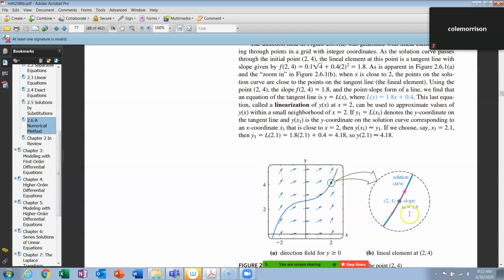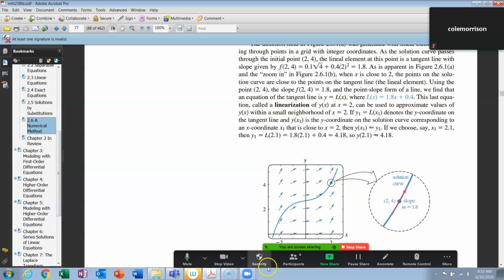This is indicating that. We're going to go back and see how they got this slope of 1.8 in just a minute. But that's where you are. Where are you going to go by the time you get to 2.5? Somewhere over here. That's going to be our issue. So what I think I'll do is go to the whiteboard.